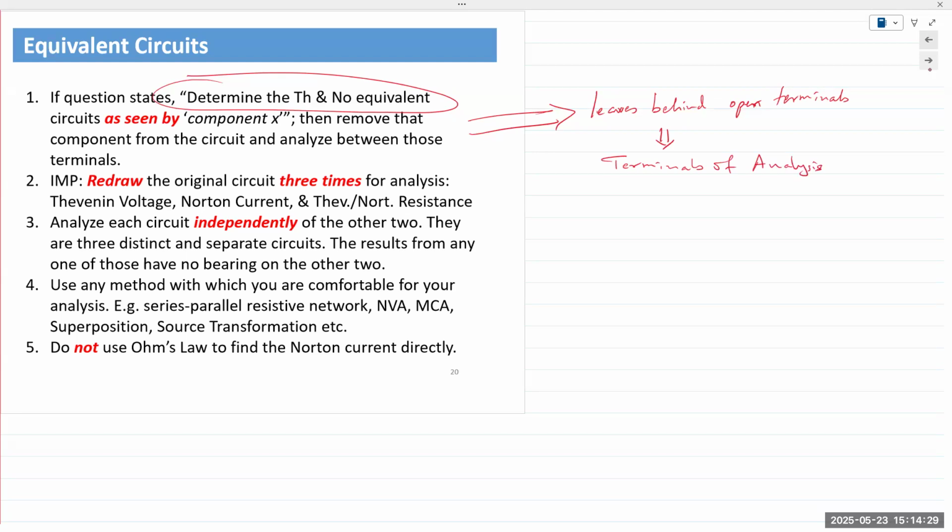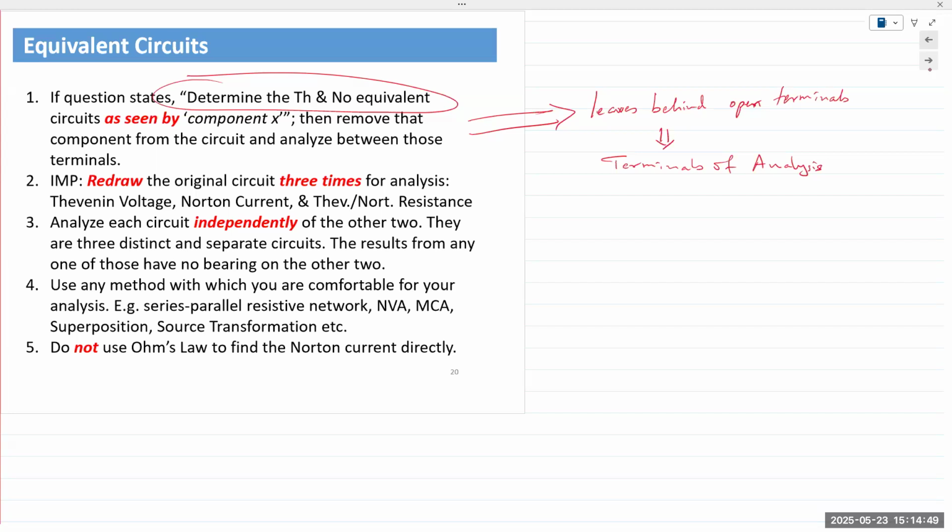Terminals of analysis. Question? Okay. Is everybody clear on this point? Okay.